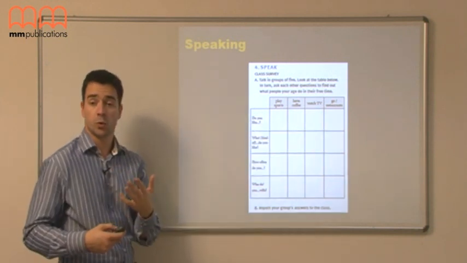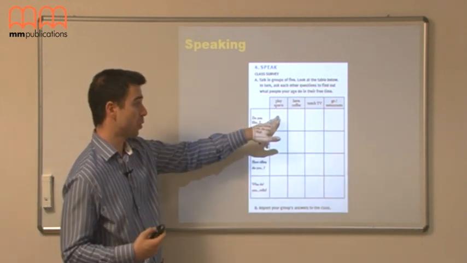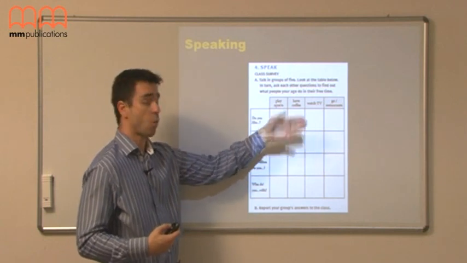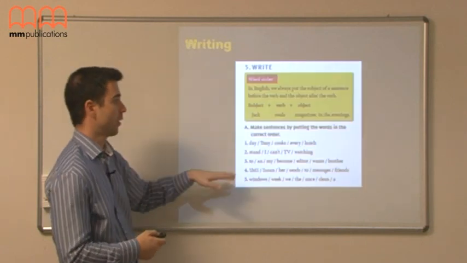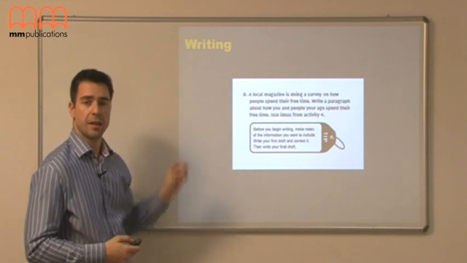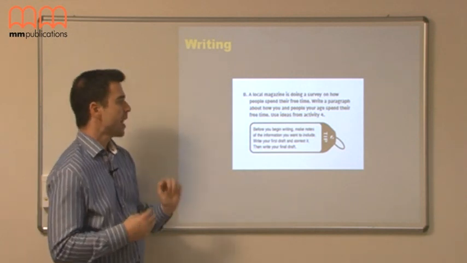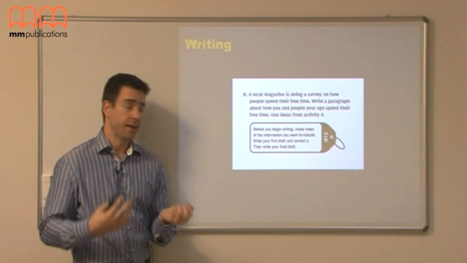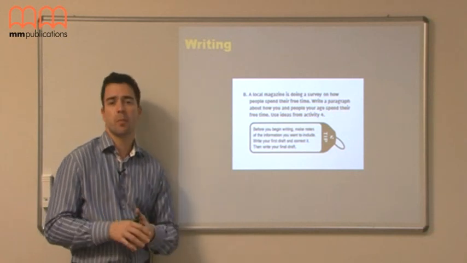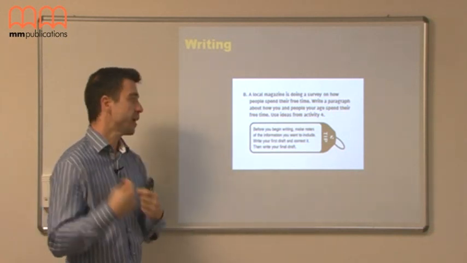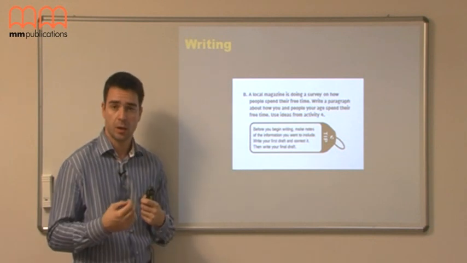For example, do you and people your age play sports? Do you have coffee? Watch TV? And so on. Okay? So this will be the exercise. Now, before you begin writing, it's important that you make notes of the information that you want to include. Okay?